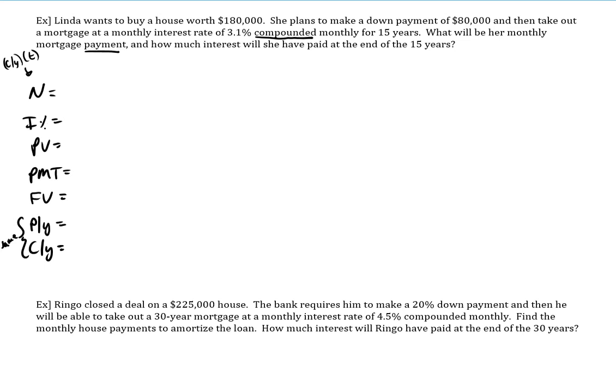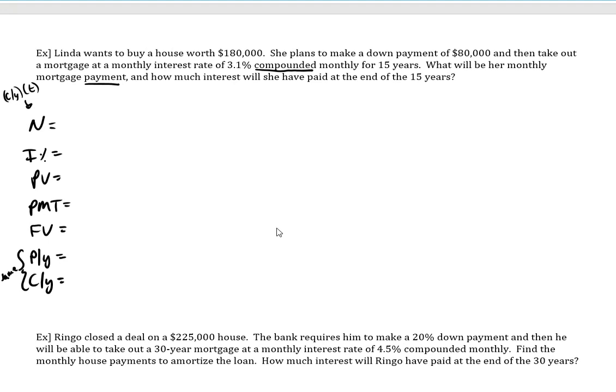Now, in mortgage problems, let me add this at the top, that usually involves some type of house. Okay, so in mortgage problems, we need to make sure we have the correct present value. The present value is the amount after the down payment.